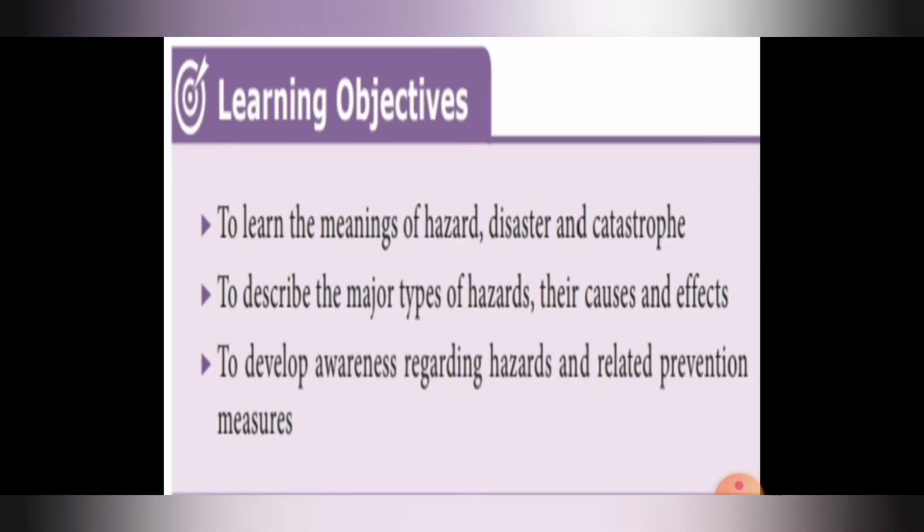To learn the meaning of hazard, disaster and catastrophe. Catastrophe is nothing but the same meaning of disaster. So disaster is nothing but பேரழிவு. Okay, so ஒரு ஆபத்து வந்த பிறகு என்ன ஆகும், அந்த இடம் அழிவு ஏற்படும் இல்லையா, பேரழிவு சொல்லுவாங்க. That is called as what? Disaster. Okay, for example, tsunami warning is given, so that is what?